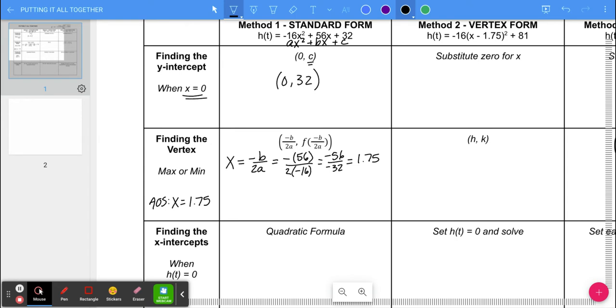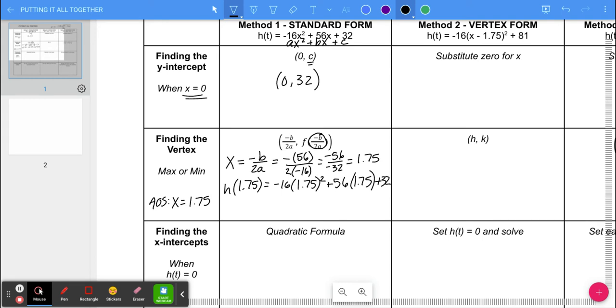But to get the vertex, because vertex is a point, you're going to take that value and substitute it into the equation for x. So negative 16, 1.75 squared, type all of that into your calculator.